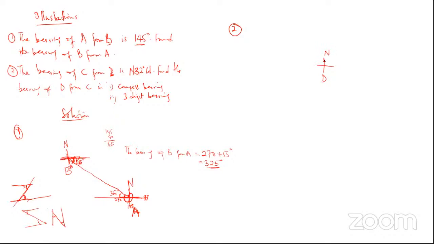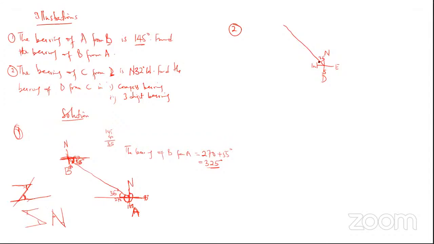This is the north. This is the south. This is the west. This is the east. So 32 degrees west of north means you move towards there, 32. This is 32.